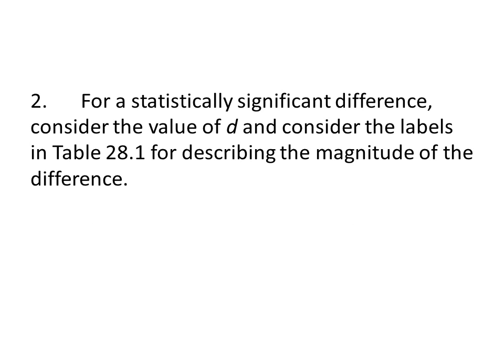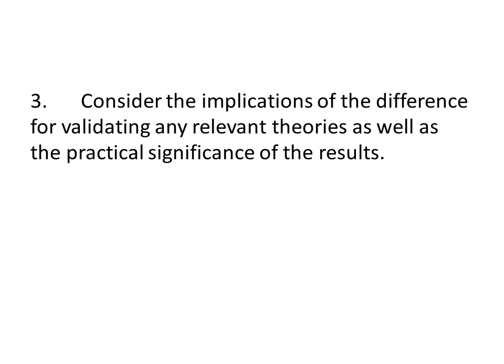Secondly, for a statistically significant difference, consider the value of d and consider the label in the previous table that we just showed you on the other page, 28.1, for describing the magnitude of the difference. And third, consider the implication of the difference for validating any relevant theories, as well as the practical significance of the results.